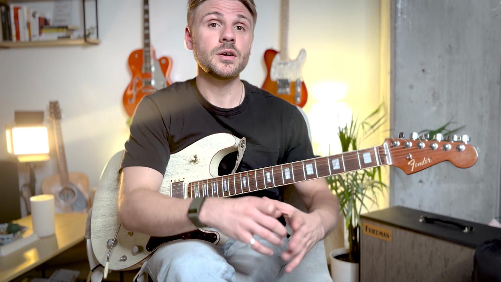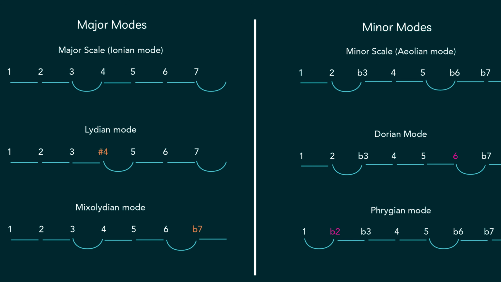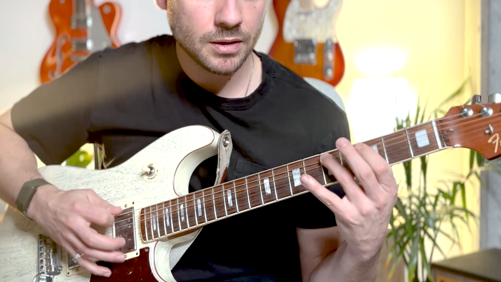On the other side, we have three modes that are related to a parallel minor scale. We have the minor scale itself, which is mode number 6. We have the Dorian mode, which is a minor scale with a raised 6 or a major 6. And we have the Phrygian mode, which is a minor scale with a lowered 2nd. Here's the C minor scale.